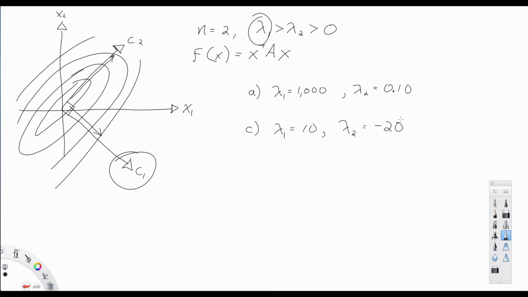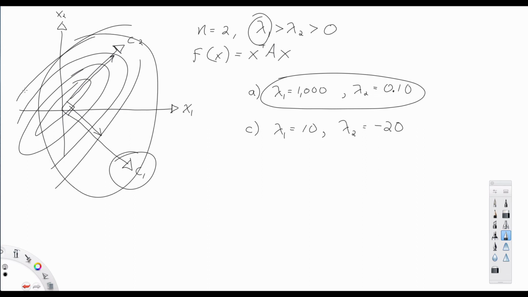So here are two of the examples that I gave. Here we have lambda 1 equals 1,000, lambda 2 equals 0.1. And that's really similar to what we saw over here, except the relative steepness between the two coordinate directions, C1 and C2, is even more exaggerated.